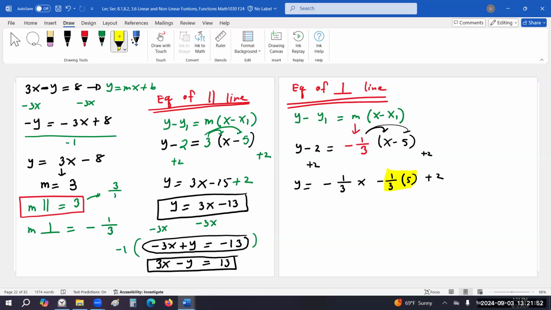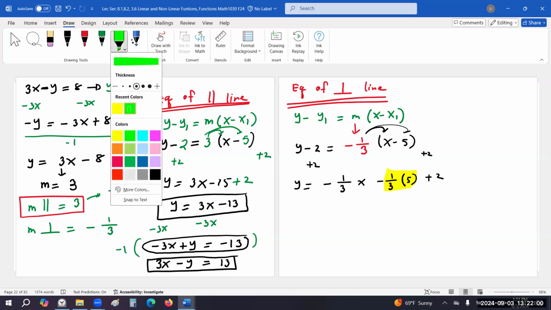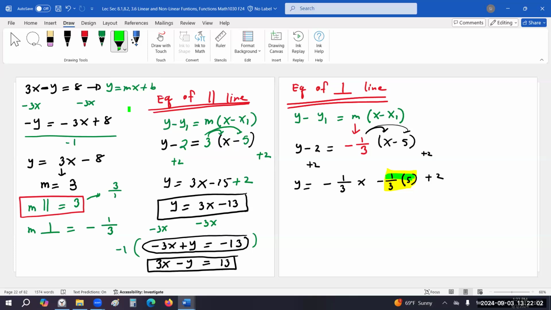What do we get? 5/3. When you multiply, we actually only multiply the numerator. We don't multiply the denominator with the whole number. So we get y equals negative 1/3 of x minus 5/3 plus 2.